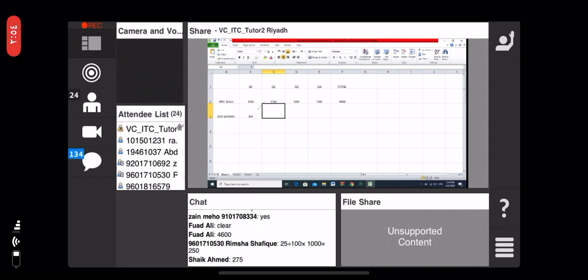And the same for quarter 2. How can you find it? Please check it.